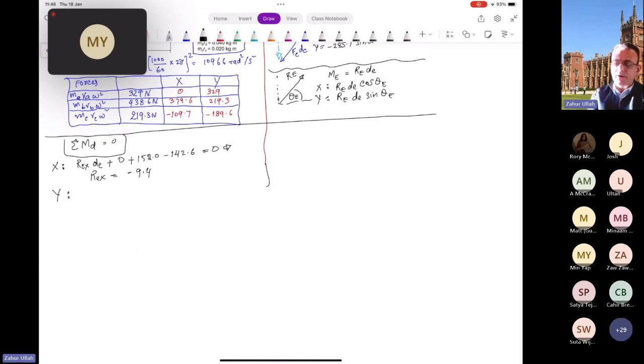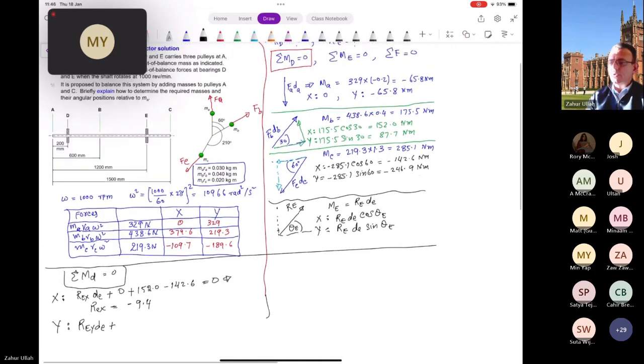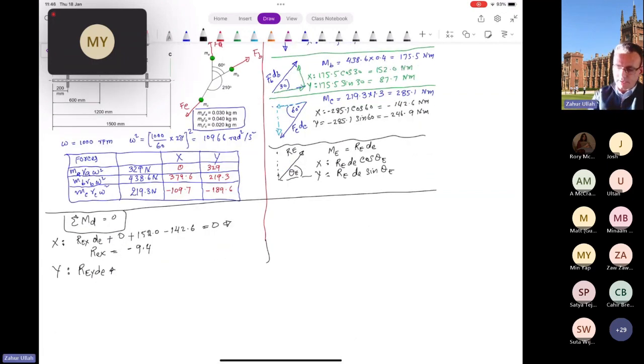So if you add all the y components, this will be REY DE, and then plus. So you add this one here. So this is the first one, minus 65.8. So this will be minus 65.8.